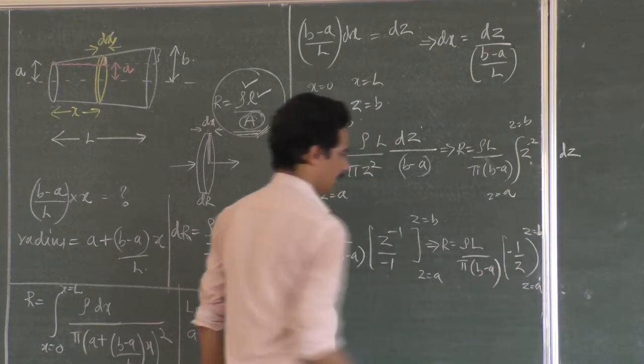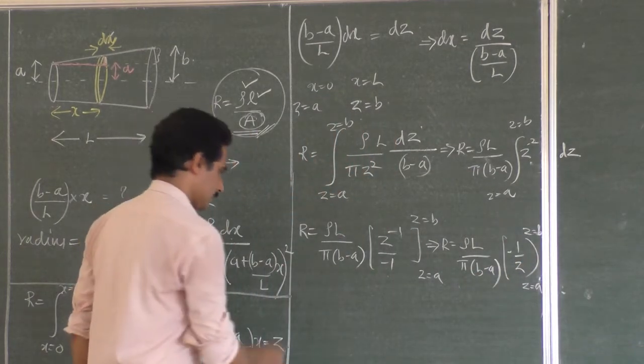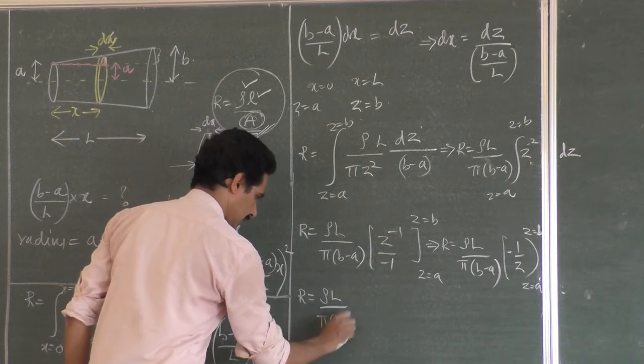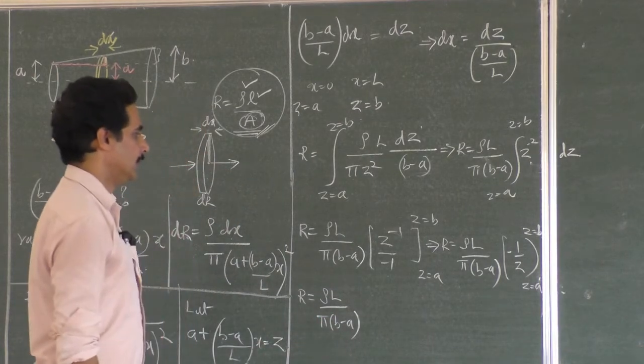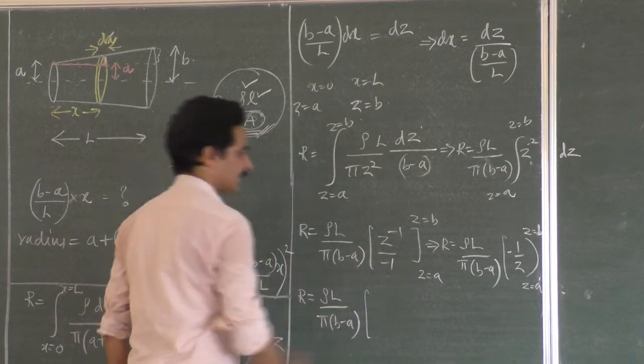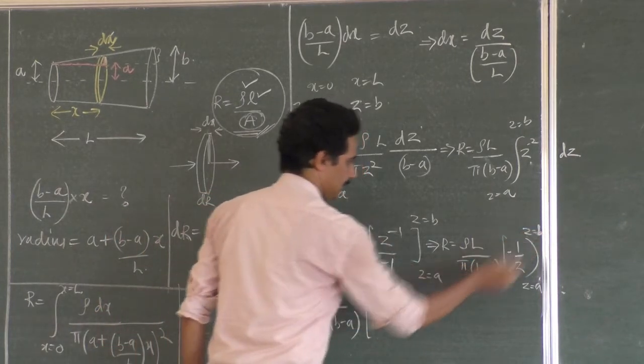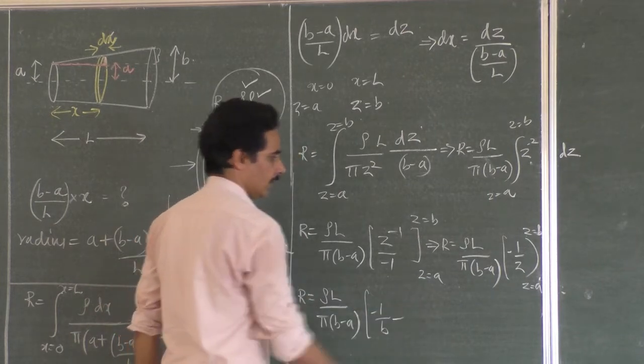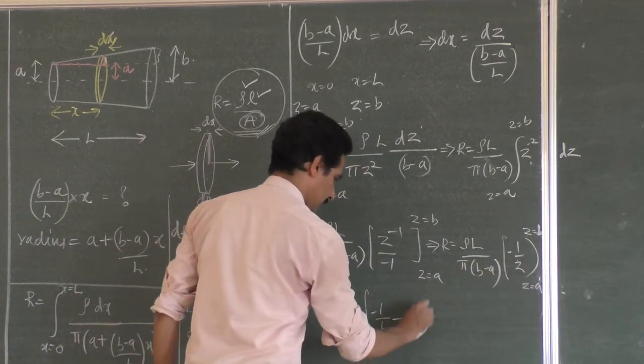Okay? Now, suppose I put the limits. R is equal to rho L by pi into b minus a. If I put the limits, z equal to b, upper limit: minus 1 by b, minus lower limit z equal to a, minus of minus 1 by a.